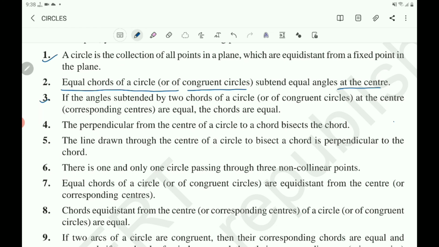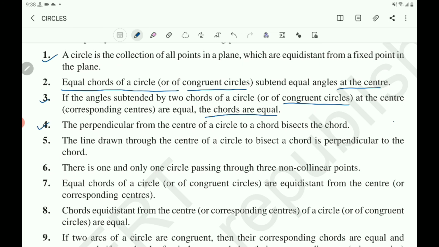Third point, if the angles subtended by two chords of a circle at the center are equal, or if the angles subtended by two chords of congruent circles at the center are equal, the chords are equal.